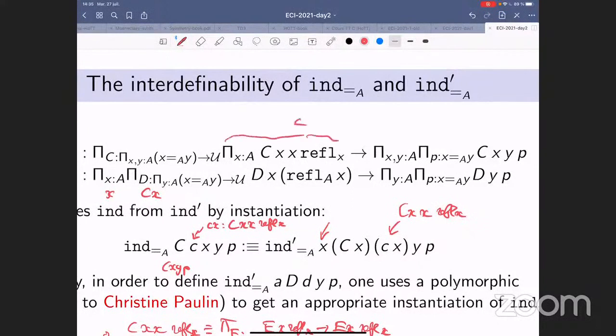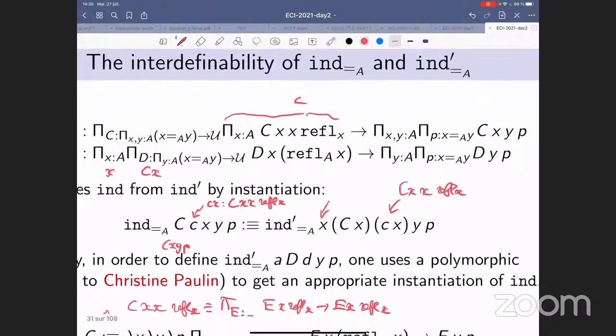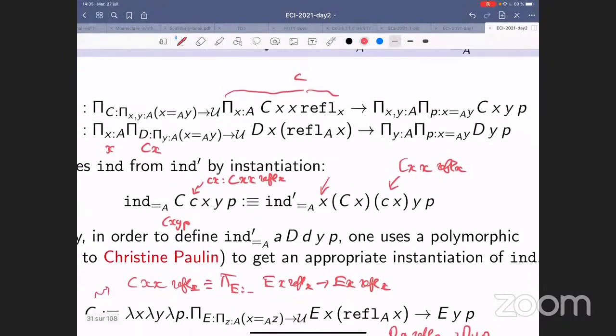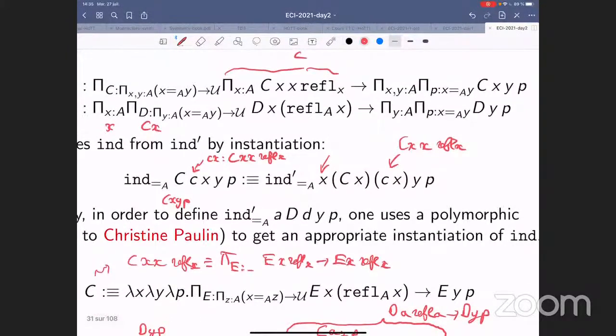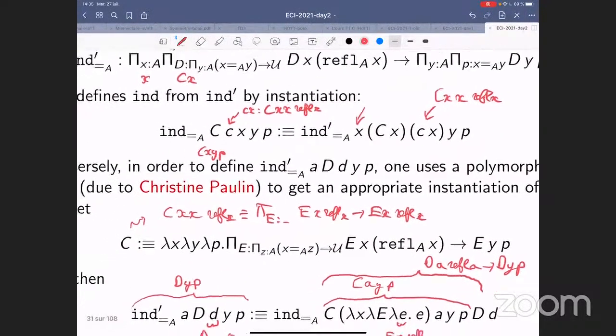This was my little c. So c applied to x is of this type. And finally, y and p do not need any special comments. So you see that this type checks, and as often in programming, when you know that something type checks, you already have more than half of the way done. Of course, you need to show that the definitional equality that you expect for J is derived from the one for J prime, but I will omit it.